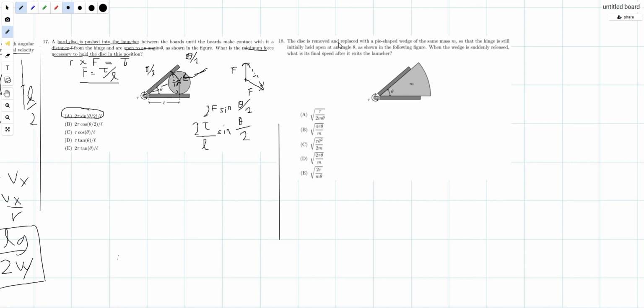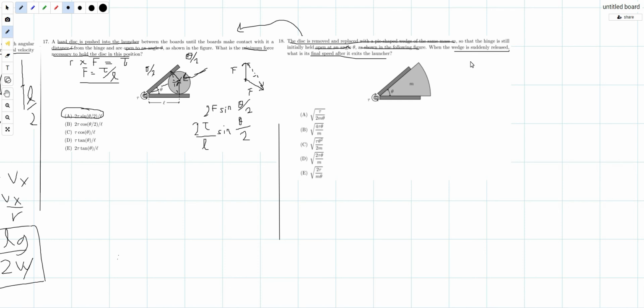The disk is removed and replaced with a pie-shaped wedge of the same mass. And by disk, it's referring to the disk from 17. So that the hinge is still initially held open at an angle theta, as shown in the following figure. When the wedge is suddenly released, what is the final speed as it exits the lodger? So, this problem's a little different.